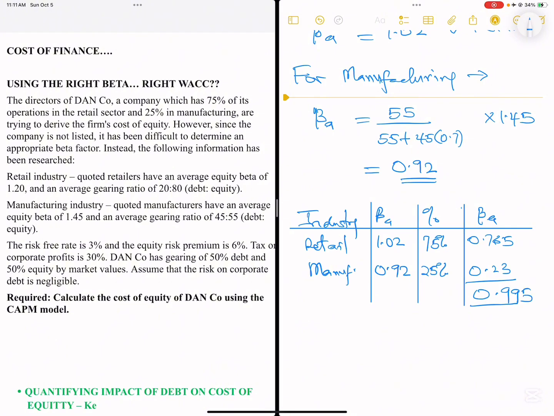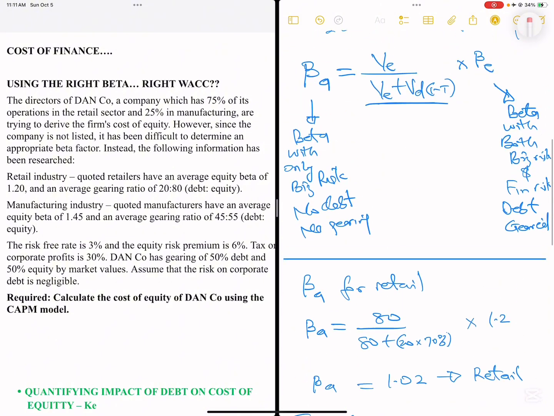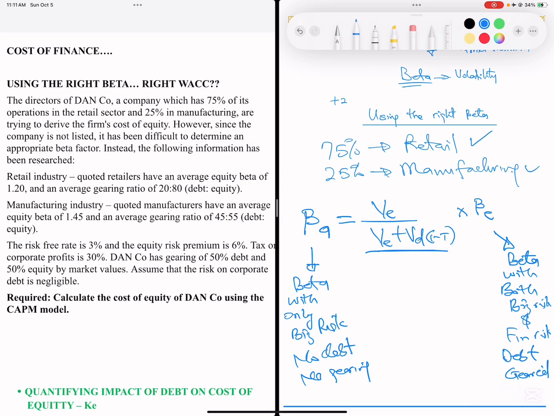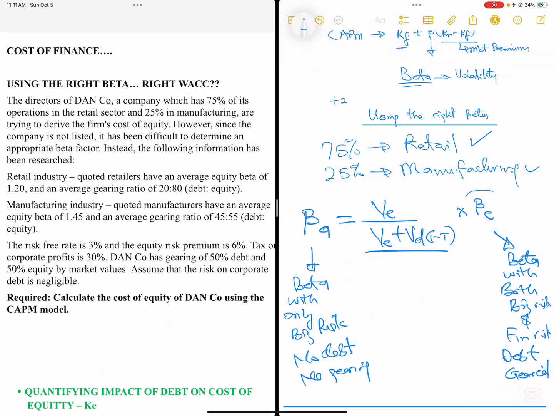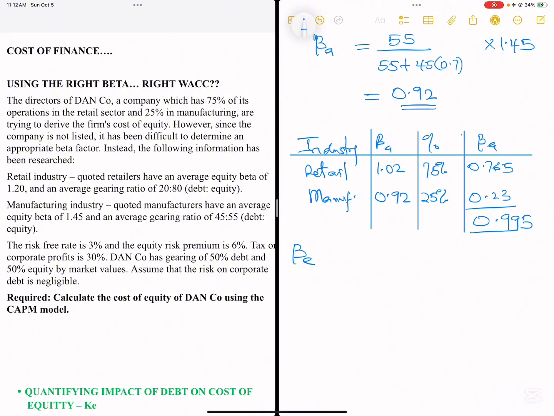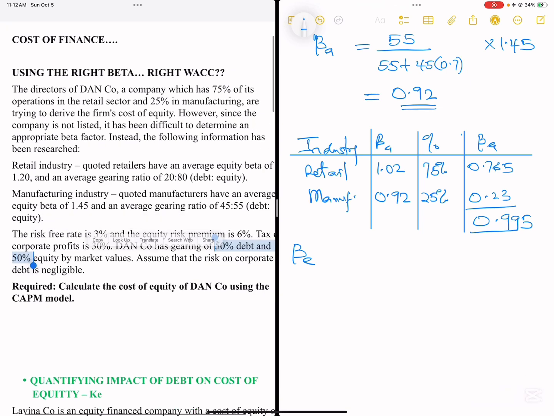Now that we know the asset beta for Danco, we need to calculate the equity beta so that we can calculate our cost of equity. So I'm still going to use the same formula, but this time I'm using it to calculate the equity beta. I'm going to use the gearing of Danco, which is 50-50, as stated by the question here, because I'm regearing that asset beta now.